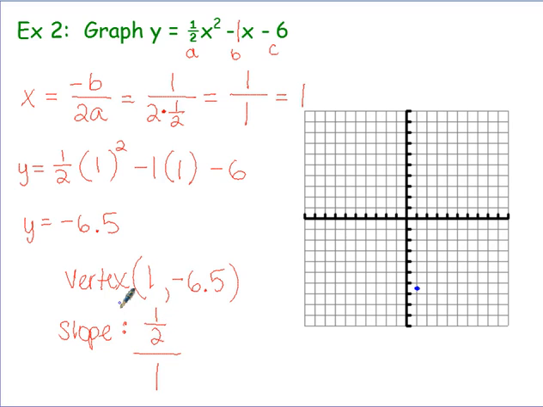Since it's positive, we're going to go up half a box and then left and right 1. So from here, a half a box puts us right there at the cross. Then we're going to go right 1 and left 1 to make a mirror image.